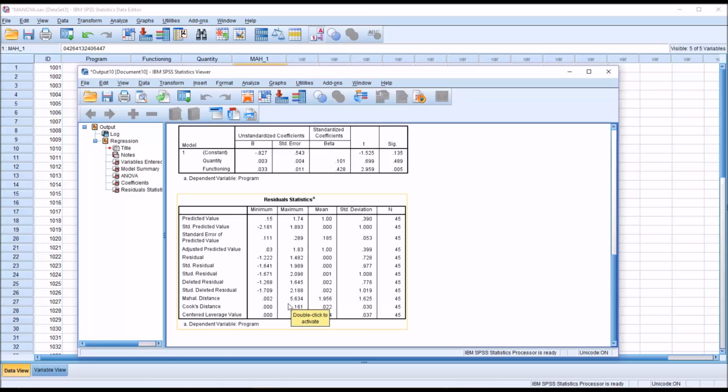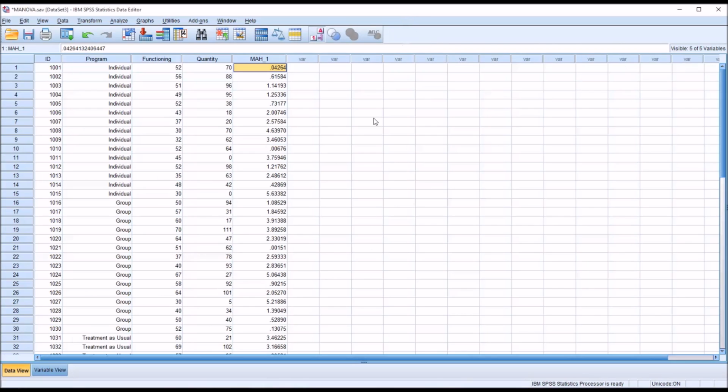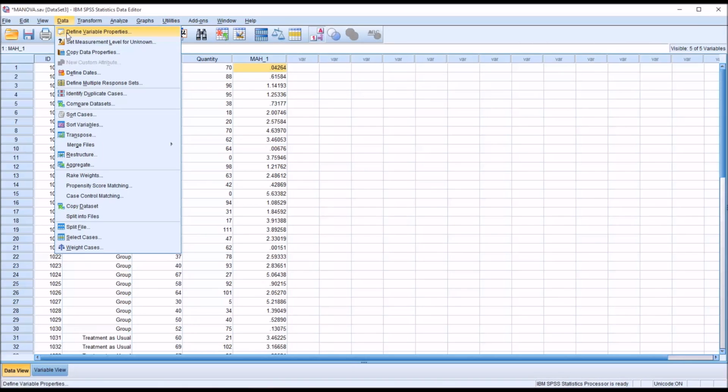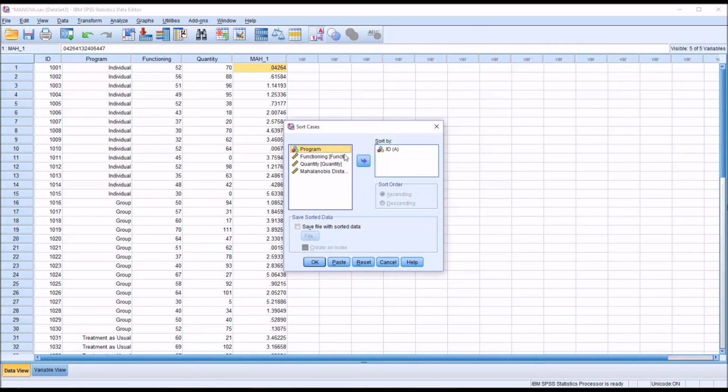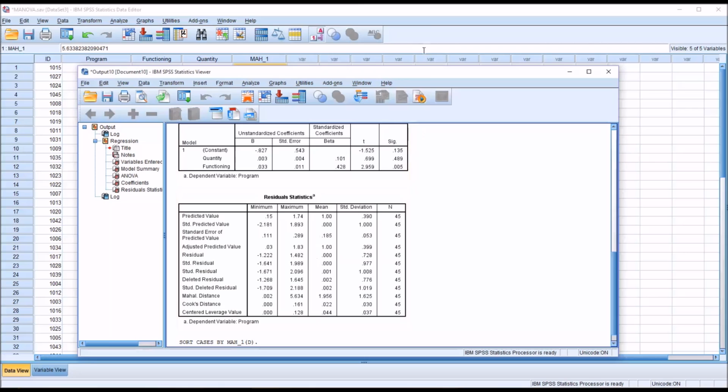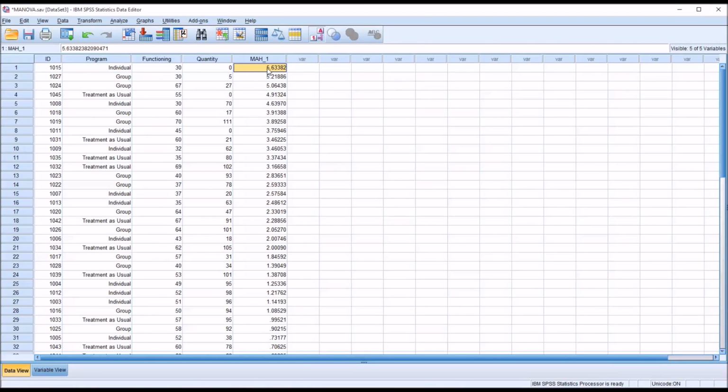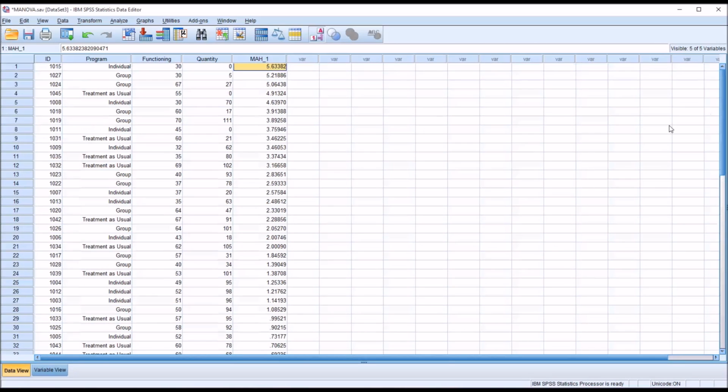Now say this maximum value did exceed 13.82. If you want to identify the outliers quickly, you would go to Data and Sort Cases, and you would sort the Mahalanobis distance, and you'd sort it descending. Right, so you'd bring the larger values to the top. So if I sorted this, you can see that there is our maximum value, and at the bottom is our minimum value.